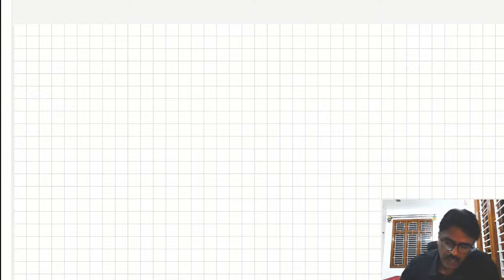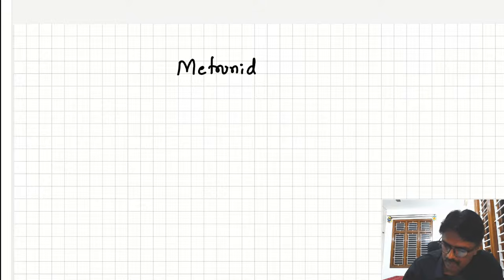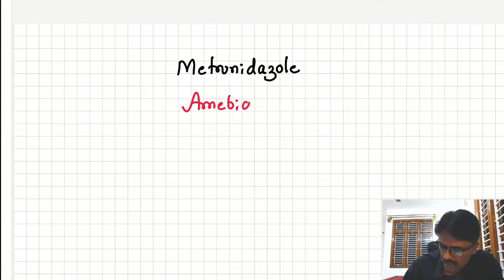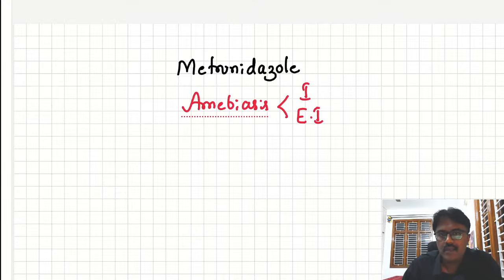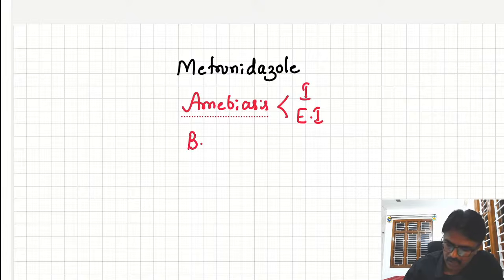I just want to add where metronidazole is the drug of choice. So metronidazole is the drug of choice for amoebiasis, both intestinal and extra-intestinal amoebiasis. And also, what is the condition where you see clue cells, that is bacterial vaginosis?